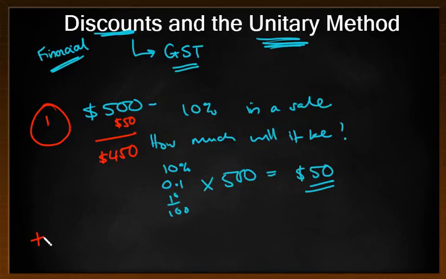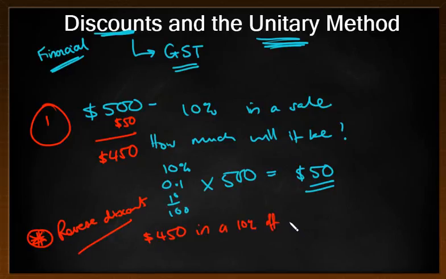However, the popular kind of question, like the GST question, is a reverse discount question. The reverse discount question is, they'll say that the item cost $450 in a sale, and they'll say how much was it before, or how much was it originally.